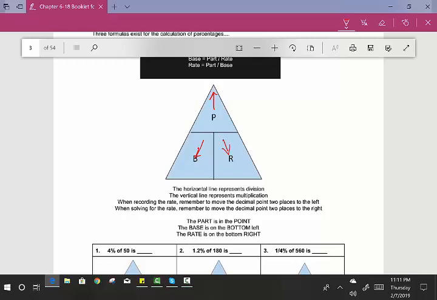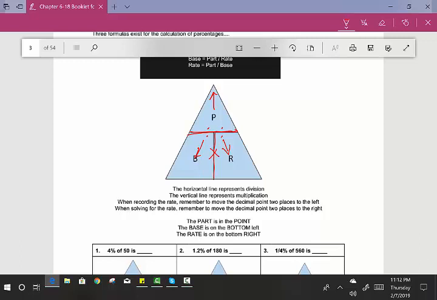Rate starts with R, which is in the right. Base starts with B, which is in the bottom. Part is in the point, which starts with P. Okay, this horizontal line right here represents the division. And the vertical line right here represents a multiplication.